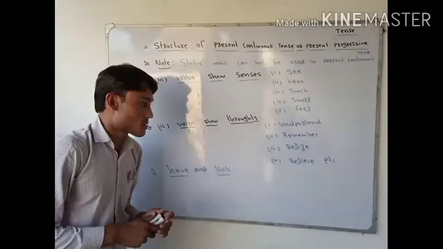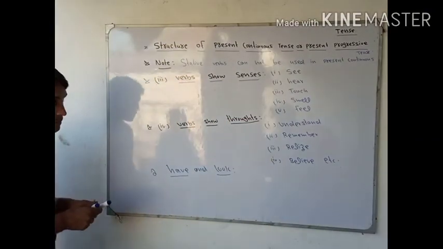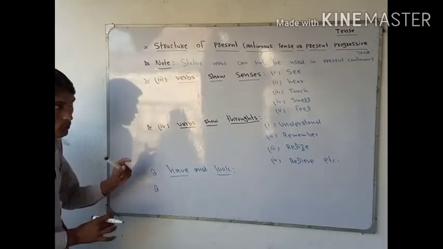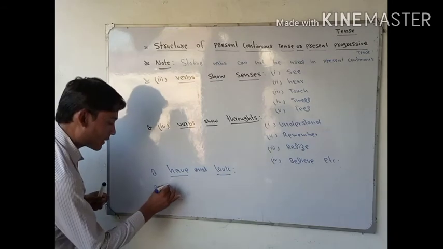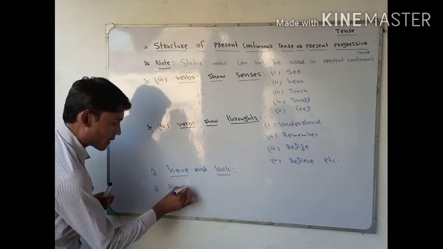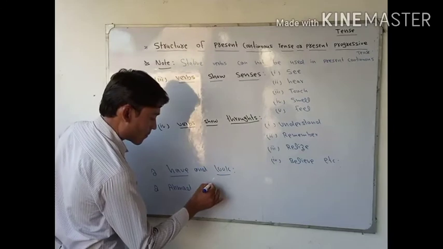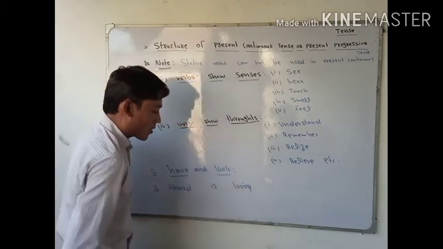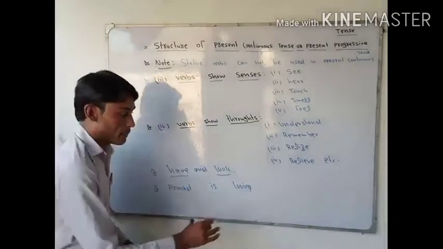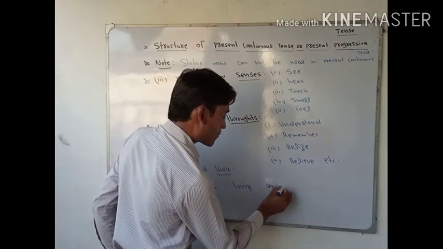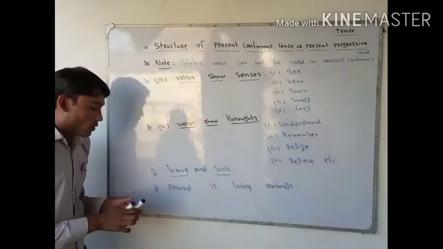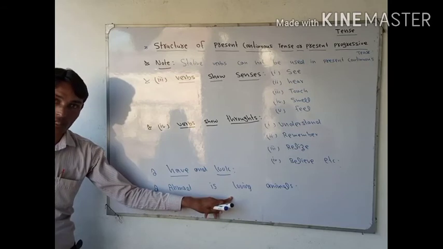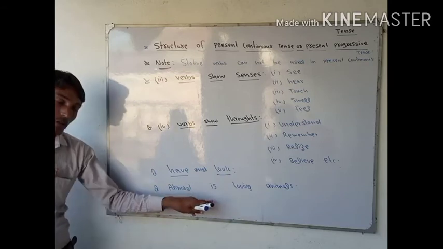Now let's discuss an example with a stative verb. If I say, Ahmad is loving animals, according to the formula of present continuous tense it is totally correct.